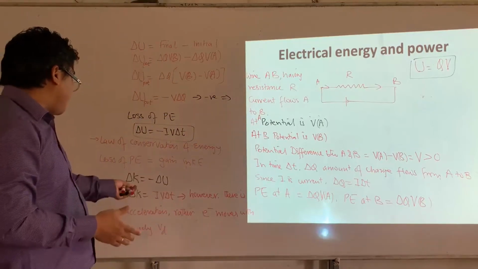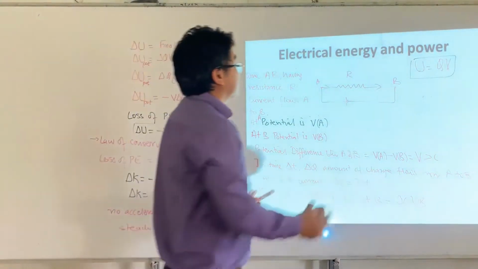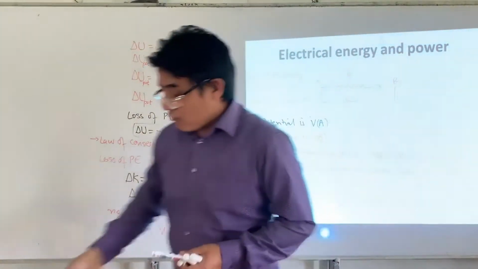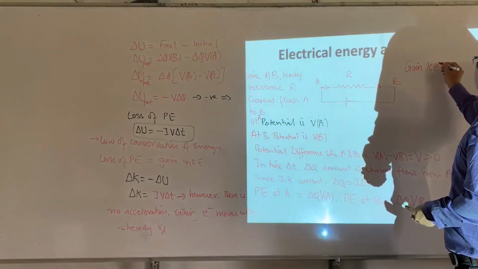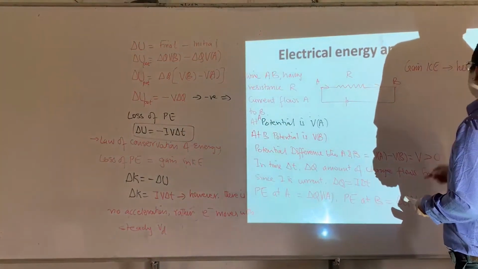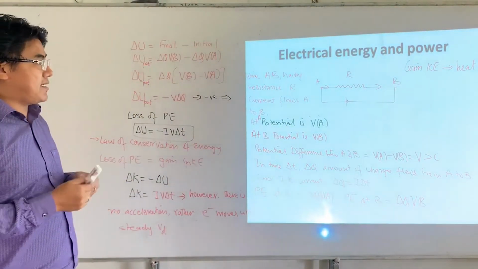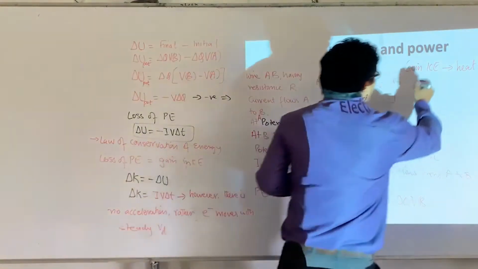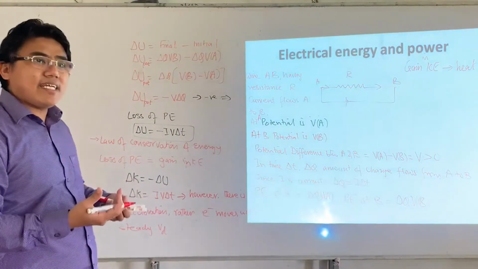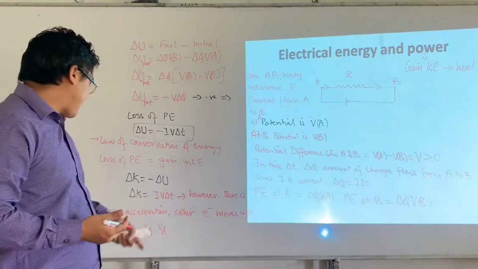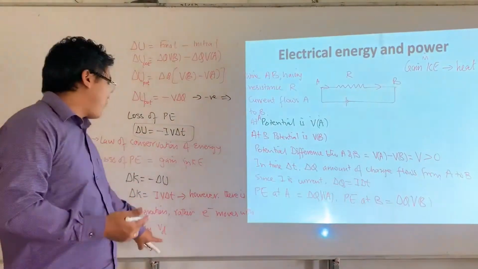And where is the gain in kinetic energy going? Look here, the gain in kinetic energy is lost in the form of heat. So heating takes place. The gain in kinetic energy is converted into heating. Therefore the free electron keeps moving with a steady drift velocity.